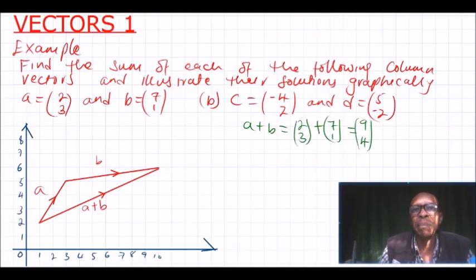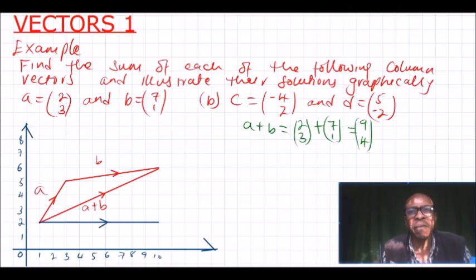You can see along the x-axis we have 1, 2, 3, 4, 5, 6, 7, 8, 9. So that is the x component of vector AB, A plus B. Then along the y-axis, 1, 2, 3, 4.